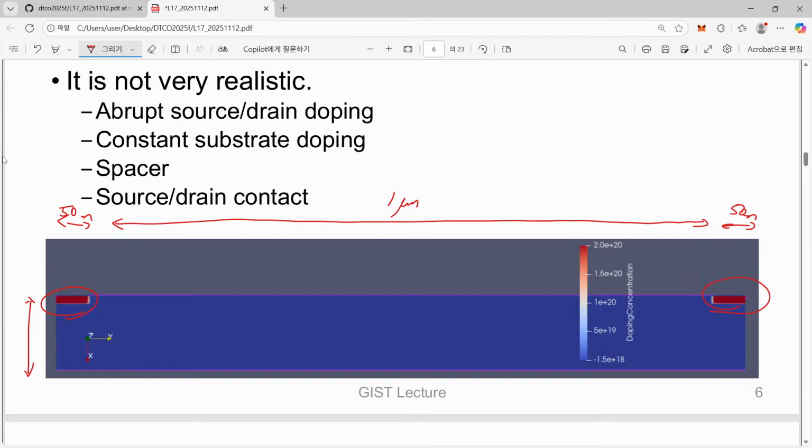Then where can you find the gate? If you see clearly, you can see here a purple line. This is corresponding to the gate. Then where can you find the substrate? Yes, also you can see a similar purple line at the bottom. That is corresponding to the substrate contact to fix the body potential.